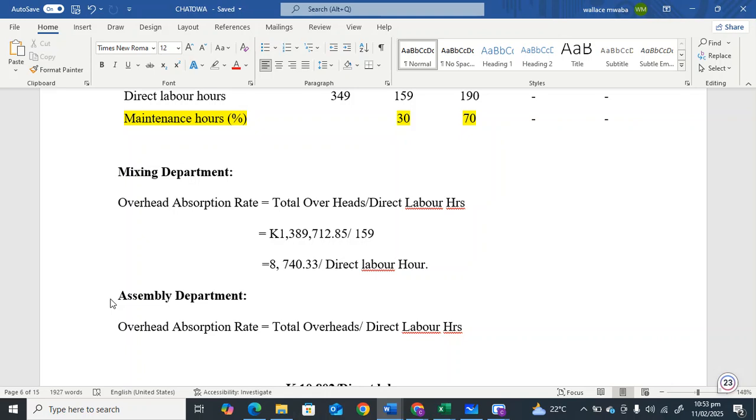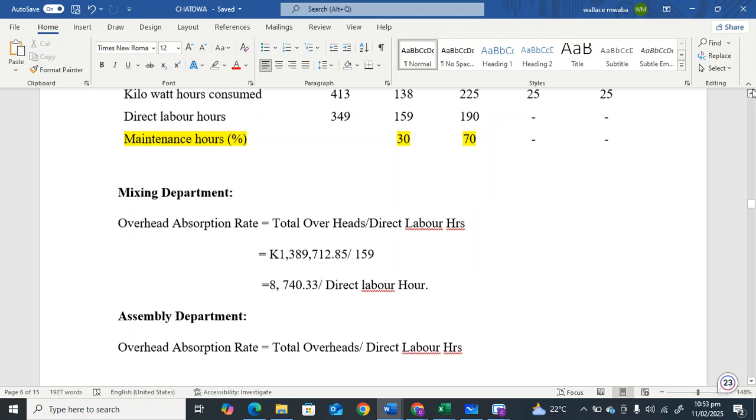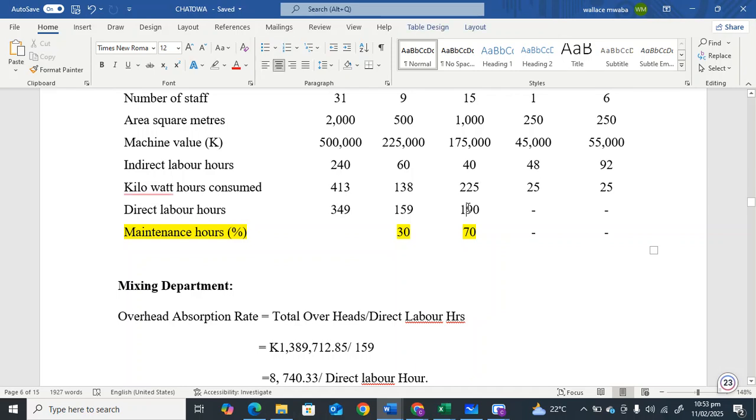All right. For the assembly department, overhead absorption rate is total overhead cost divided by our absorption base. Also for this one, we chose to use direct labor hours. As I said, there are many you can choose from here. But it has to be appropriate. It has to be very appropriate.